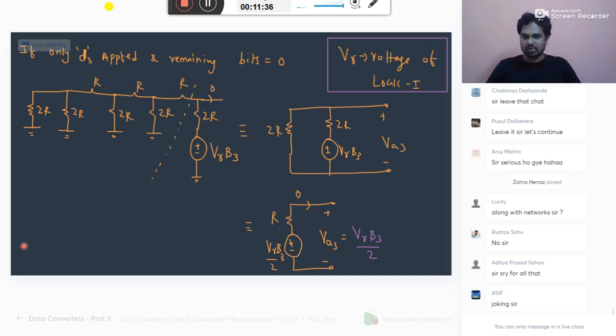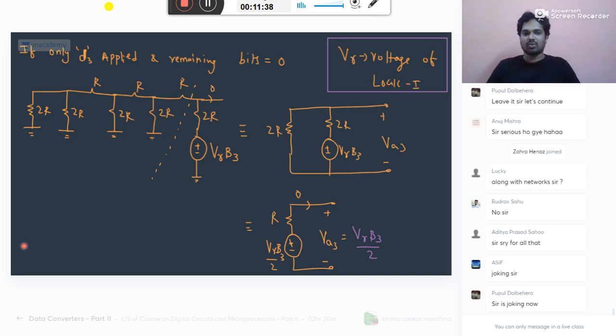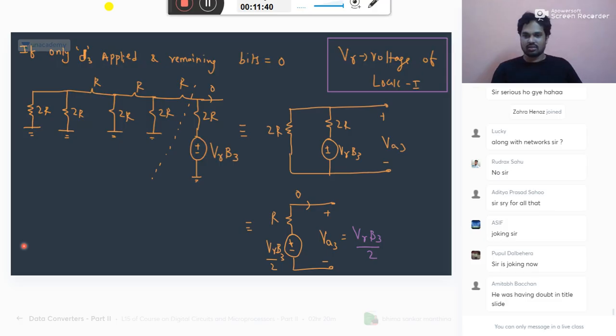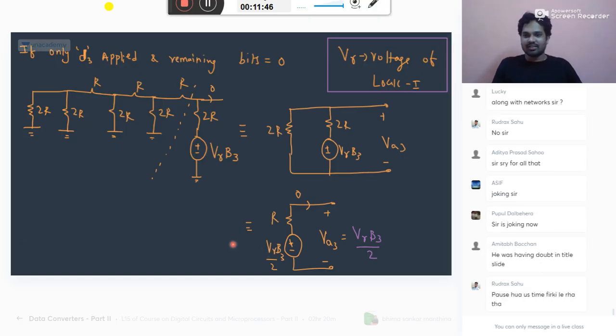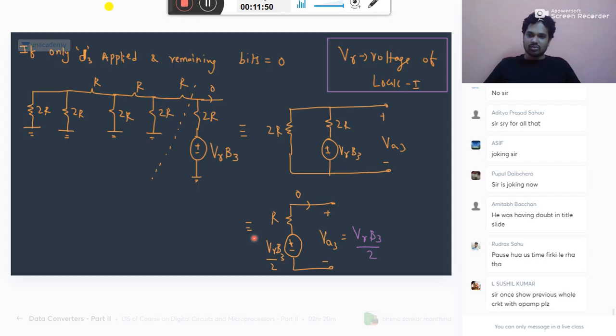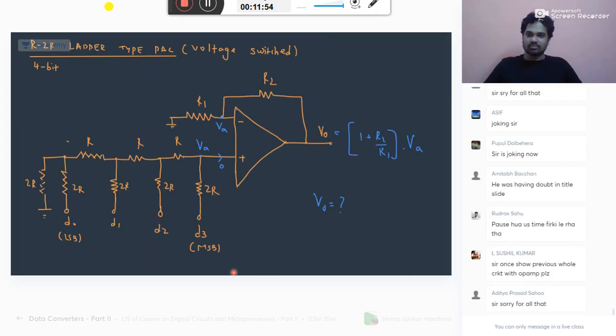Digital, microprocessor, networks. Right now I'm taking only this. Sir, please show the previous whole op amp circuit. Okay, no problem. See here.